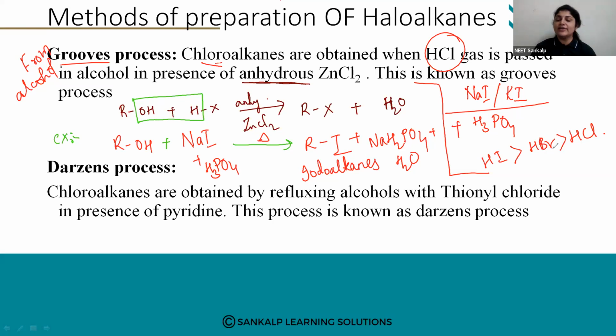And the reactivity of alcohols is tertiary more than secondary and then primary, because of the formation of carbocation. We will study that in further classes. So this is the order of reactivity of halogen acids with alcohol, and this is the first method of preparation, that is Groove's process.